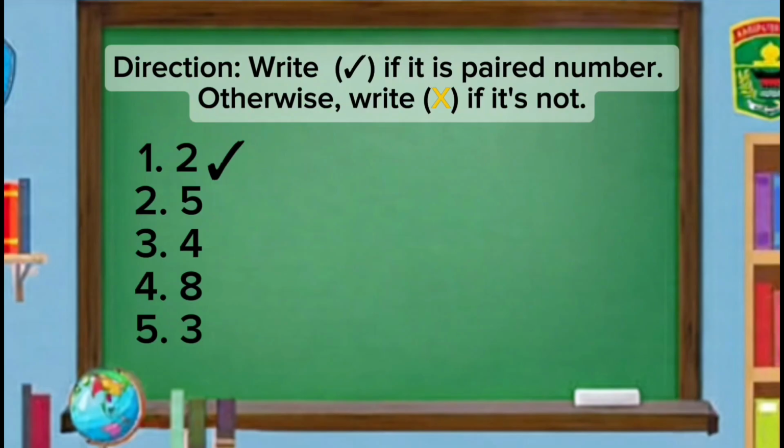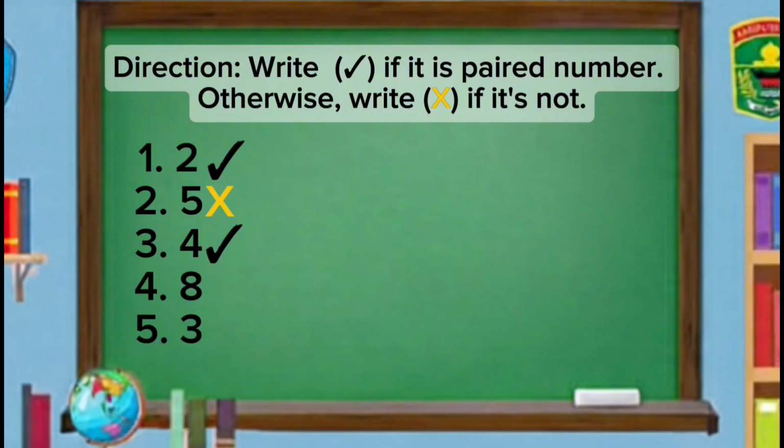What about number 2? 5. Is 5 a paired number? Very good. 5 is not a paired number because there is 1 left. What about number 3? Is 4 a paired number? Yes, very good. 4 is paired number. What about number 4?